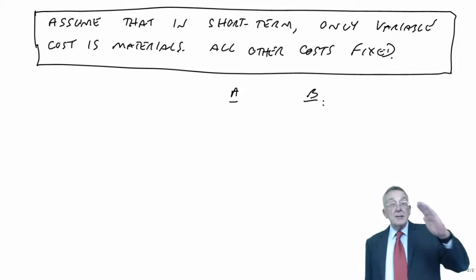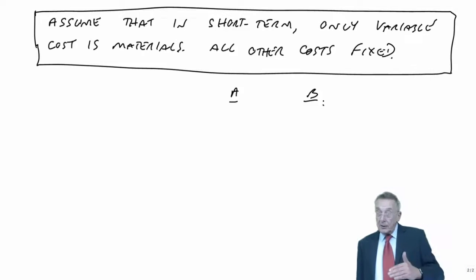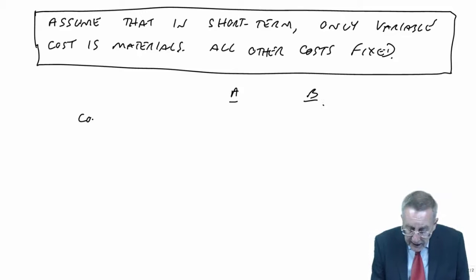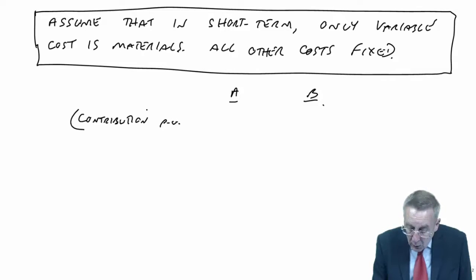Contribution was the selling price less the variable costs. We do here, although to avoid any confusion, we change its name. Instead of calling it contribution per unit, we call it the throughput per unit.